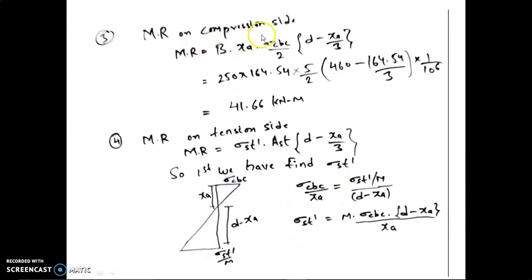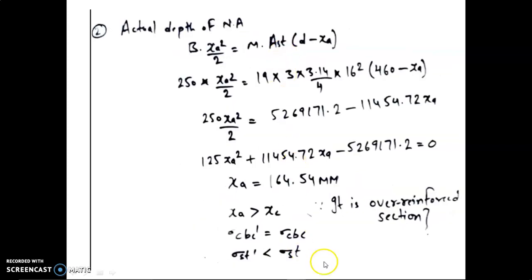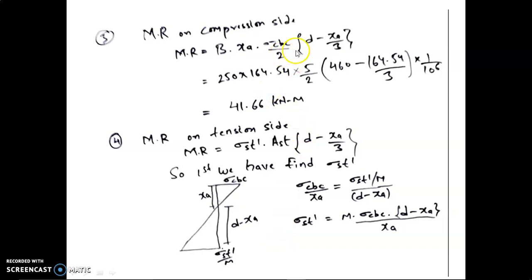So we have one formula for compression side, that is b xa sigma CBC by 2, into d minus xa by 3. Here we get sigma CBC or sigma dash CBC because in this condition both are equal. So here we write sigma CBC. Now we have all values.